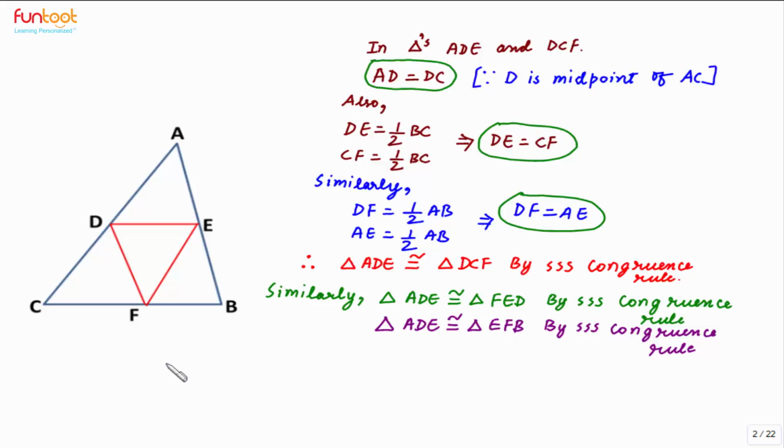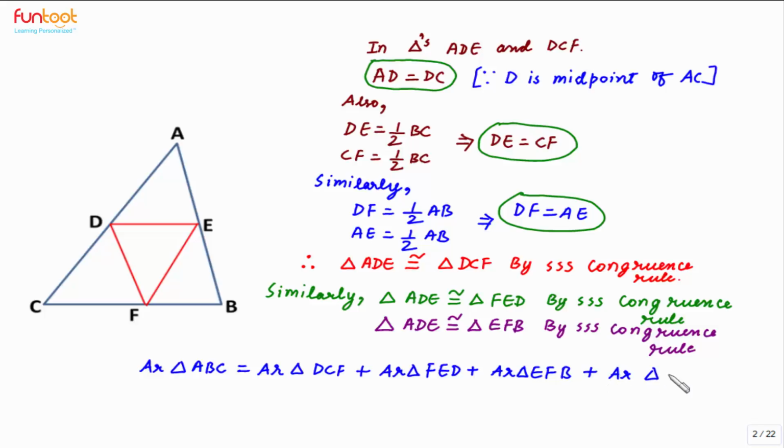Since the triangles do not overlap each other, we can write area triangle ABC is equal to area triangle DCF plus area triangle FED plus area triangle EFB plus area triangle ADE.